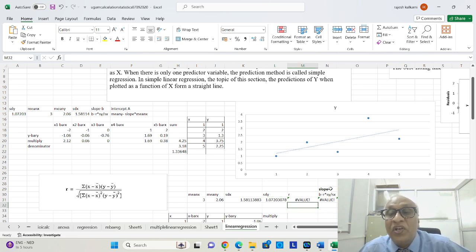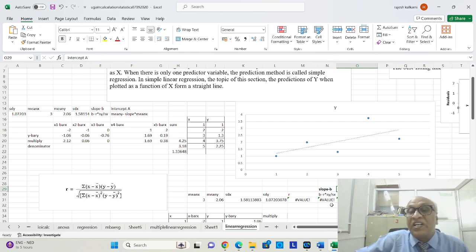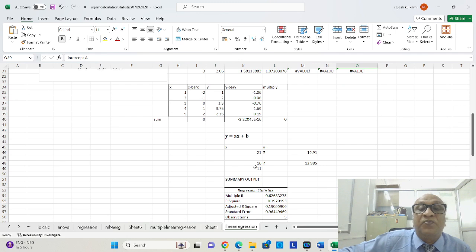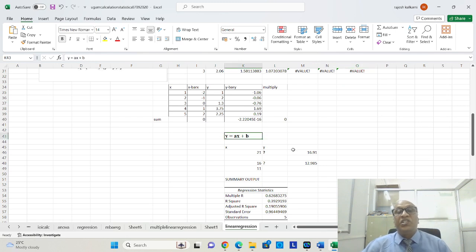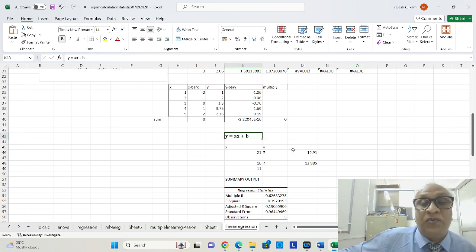Once I calculate the correlation, I can calculate the slope and intercept using these formulas. Slope b is calculated as r multiplied by standard deviation of y divided by standard deviation of x, while intercept a is calculated as mean of y minus slope multiplied by mean of x. Once you do that, the relationship y is equal to ax plus b will be established.